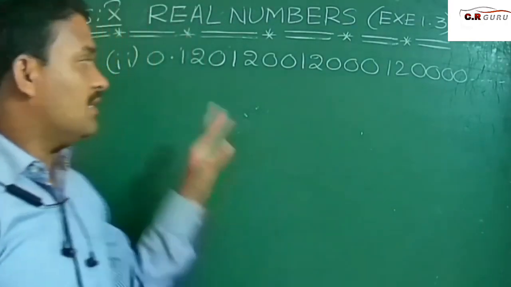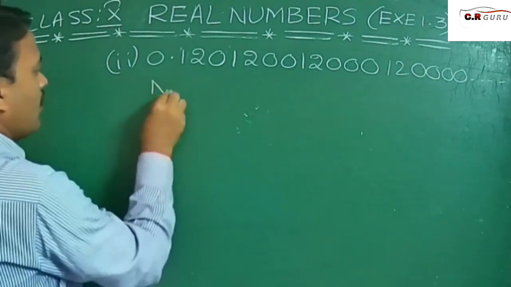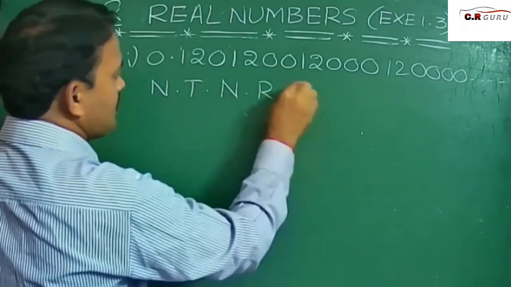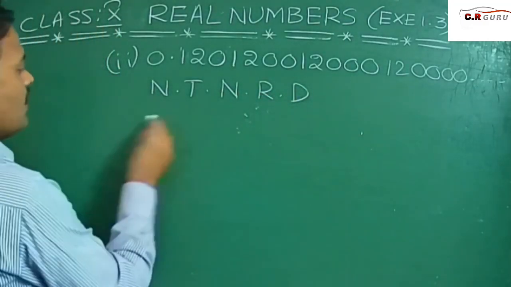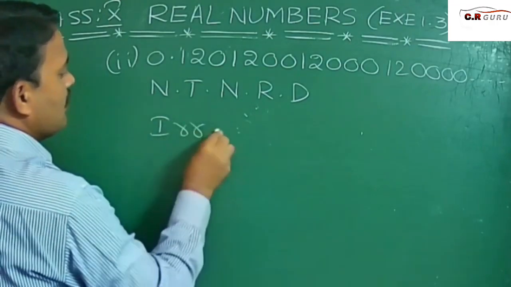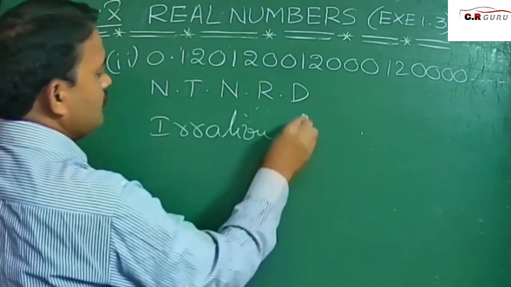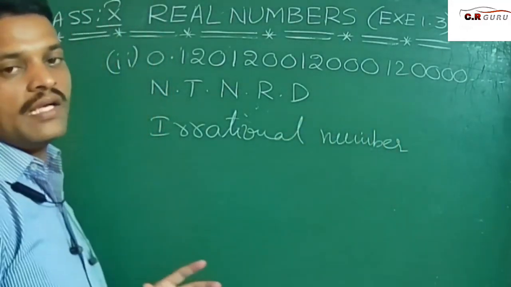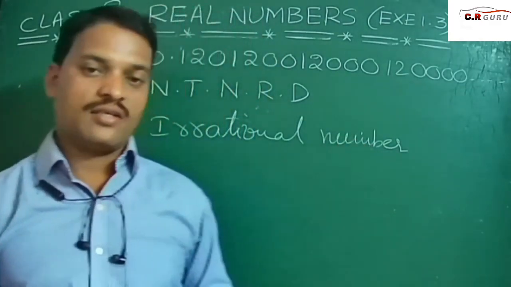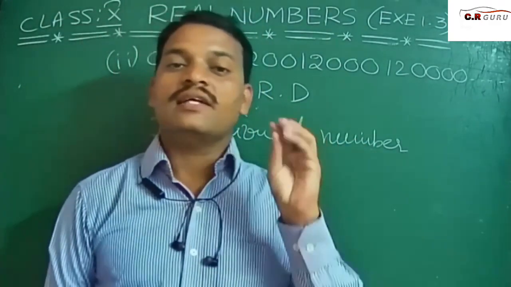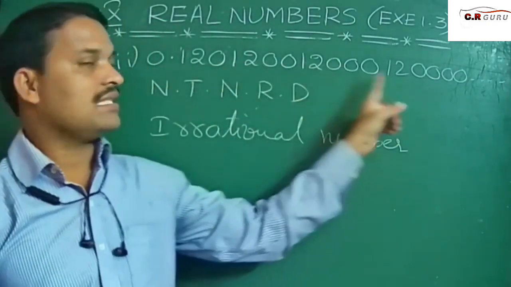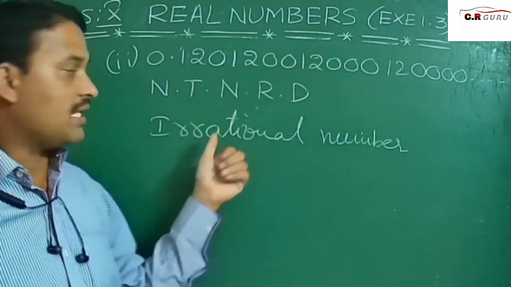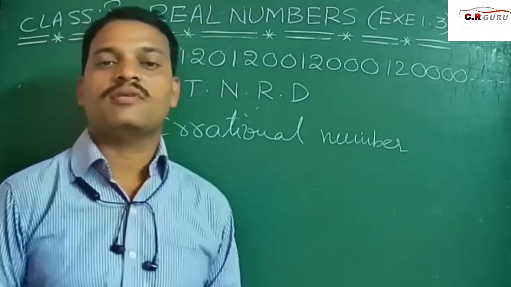So this decimal is called a non-terminating, non-repeating decimal, which is called an irrational number. Simply, all non-terminating, non-repeating decimals are called irrational numbers. This is about the second sum.